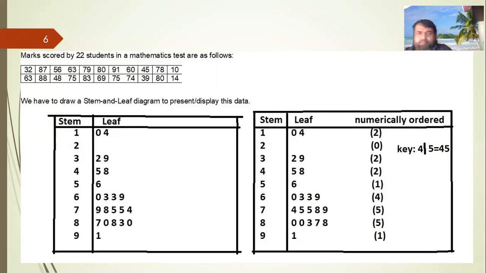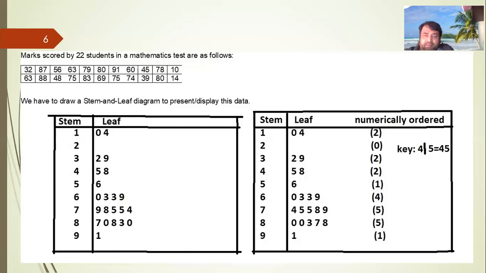Now, one more thing to do: for every leaf we have to write down, to the right side, a bit away from the leaf, a number in brackets. In the first bracket, we write down the number of data. So in the first leaf, there are 2 data. In the second leaf, there is no data, so it's 0. In the third leaf, there are 2 data, 2 and 9.